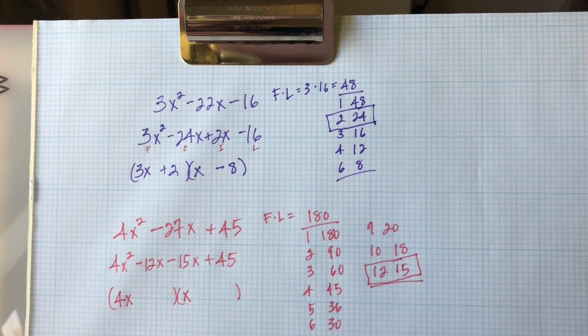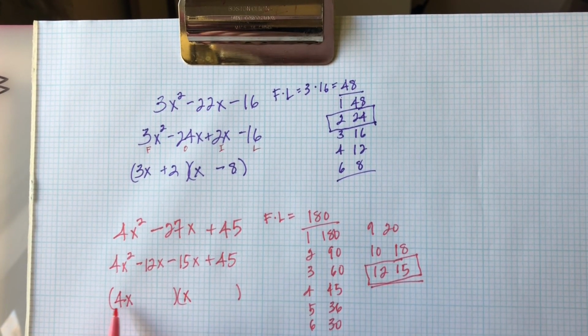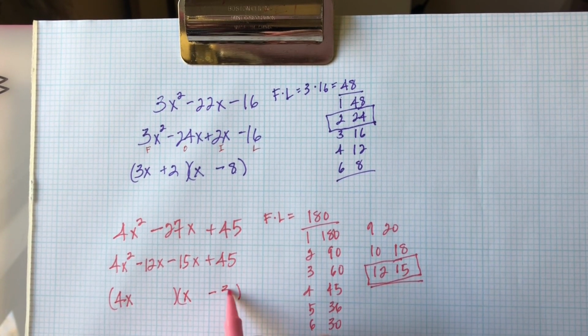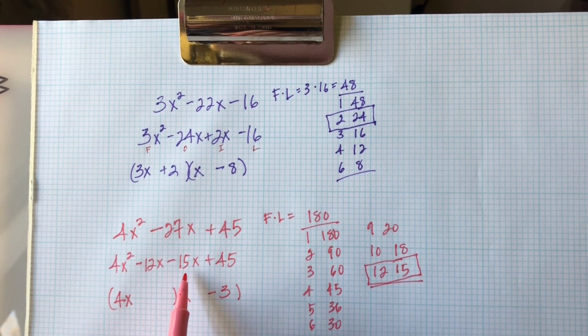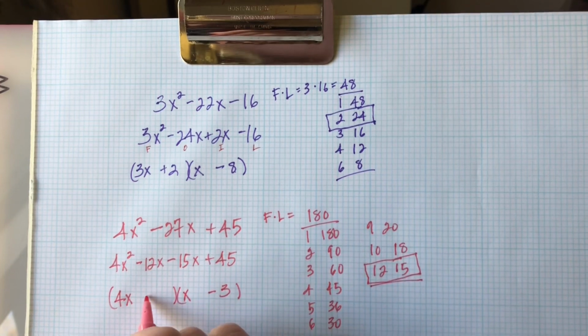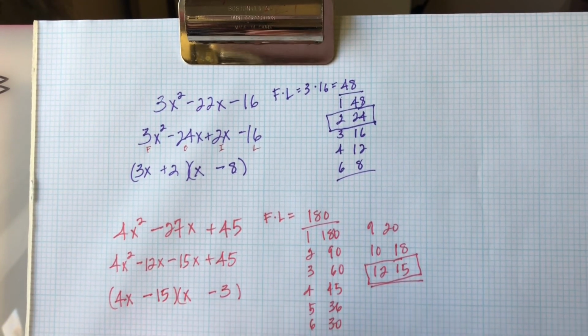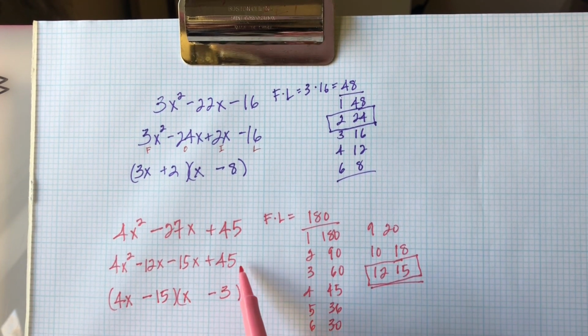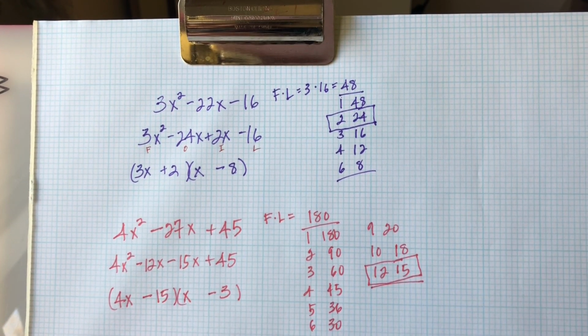That would be x. All right, the outside terms, 4x times something multiplies to give us negative 12. So that's got to be a negative 3. And then inside terms, something times x gives us negative 15x. Well, that's negative 15. And then negative 15 times negative 3, well, that checks. That gives us the positive 45.